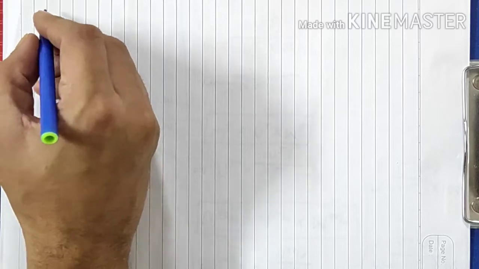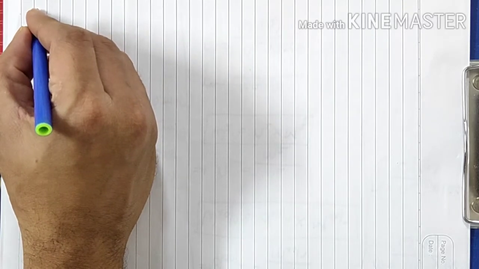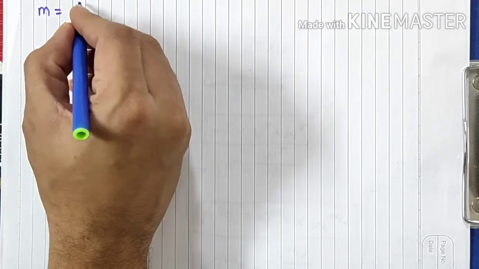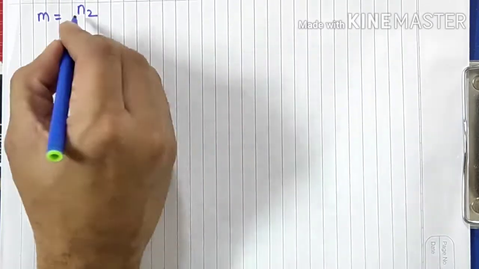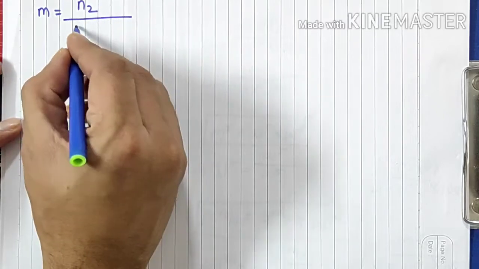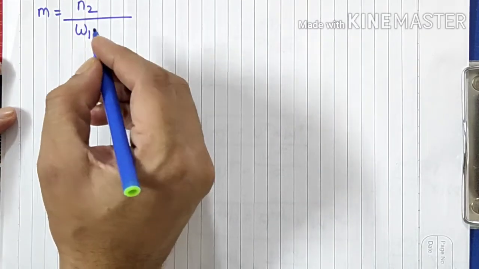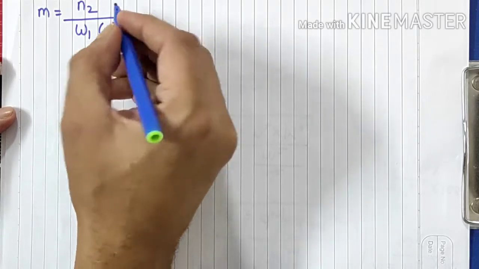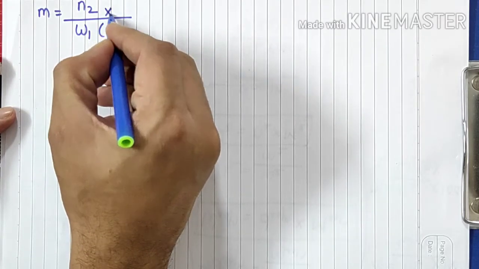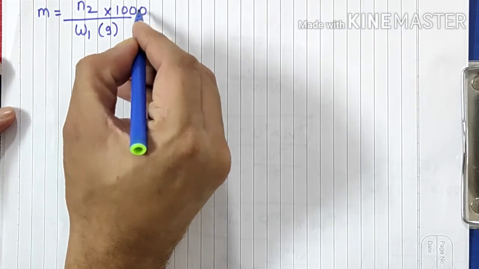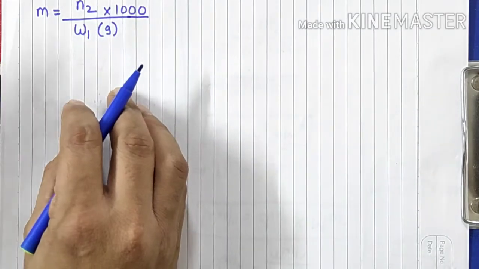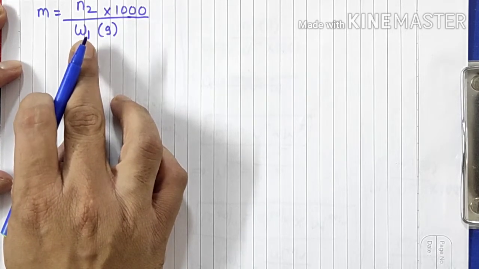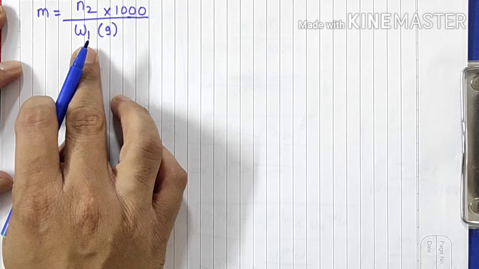Now molality is equal to number of moles of solute upon W1, the weight of solvent in kg, but if this is given in gram, here we multiply by 1000, right? Now student, we need to find out weight of solvent.